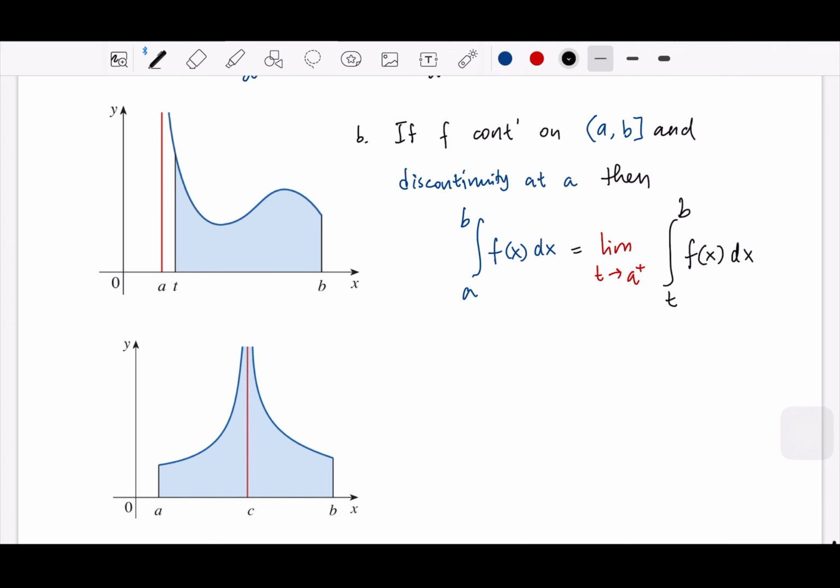We have a point c in between a and b. So this point c is also discontinuous.